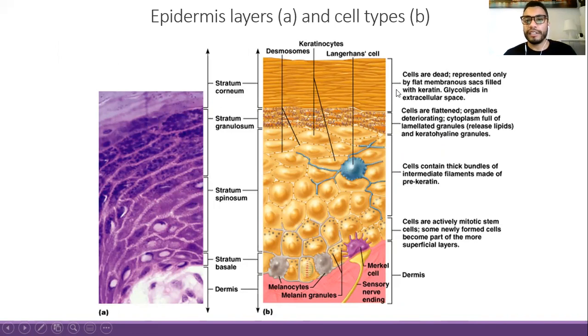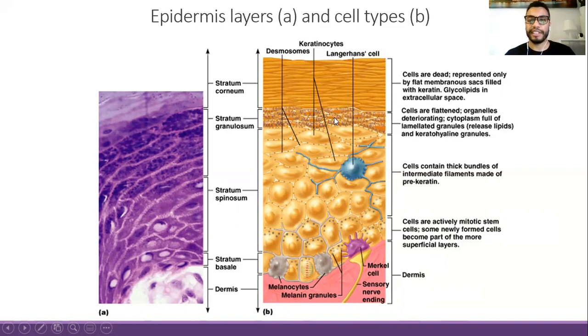And on the other part of the picture, we see the most predominant cells in each layer. In the stratum corneum, we have mainly dead cells. These cells here are dead keratinocytes.